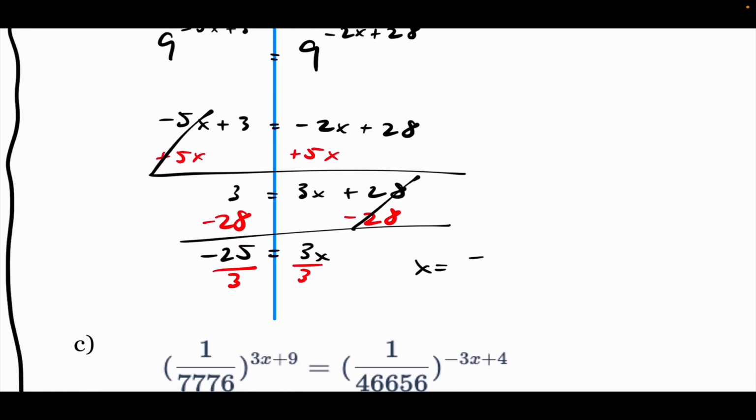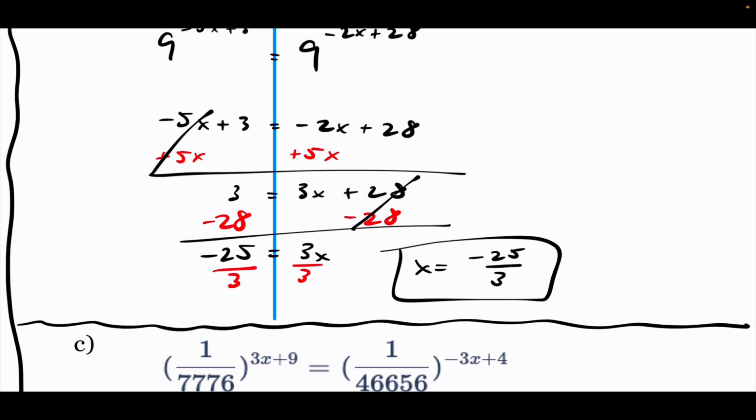X equals -25 over 3, which is like a decimal. Don't change it to a decimal. Leave it like that. It's negative. These guys can be negative. Big deal. The logs can't be negative, but these guys can be. Okay? So I don't have to check those.